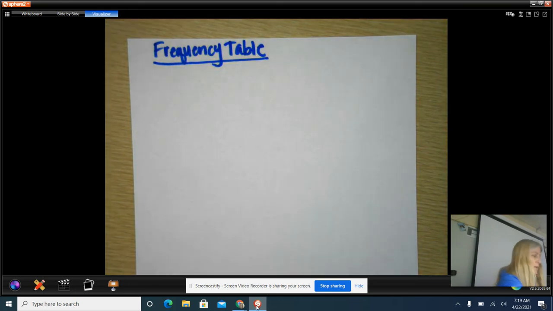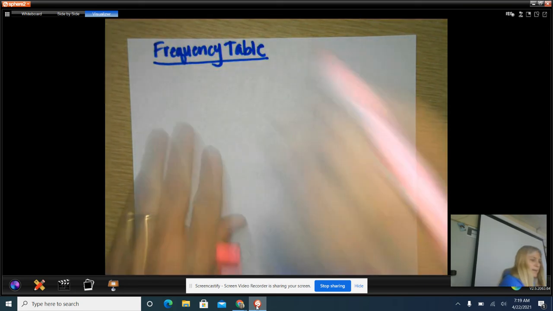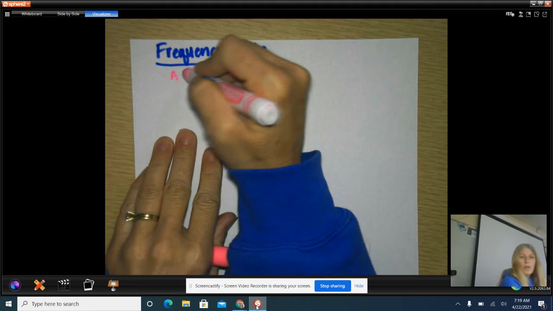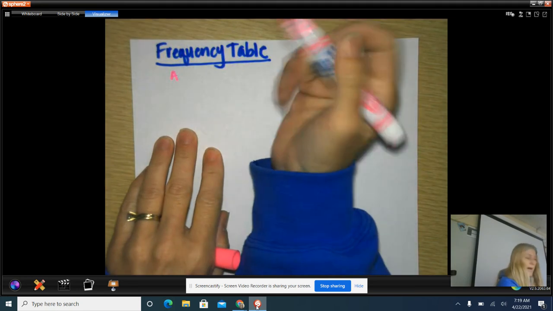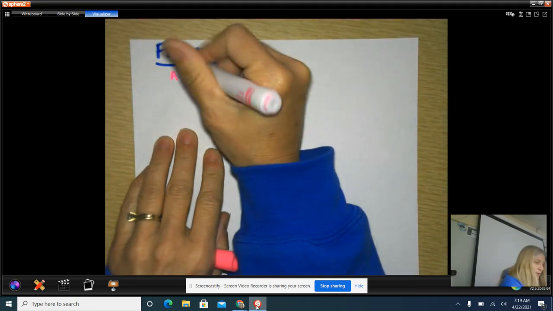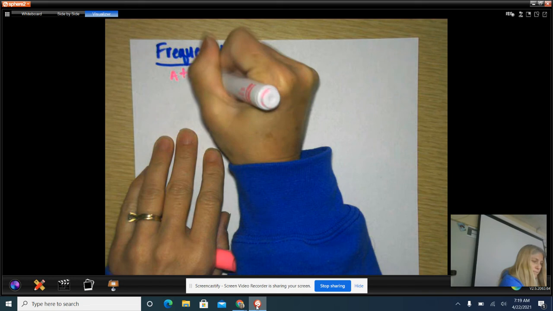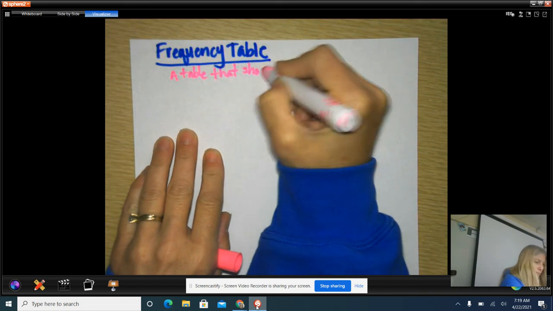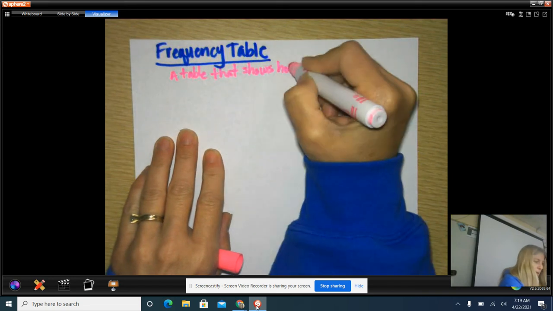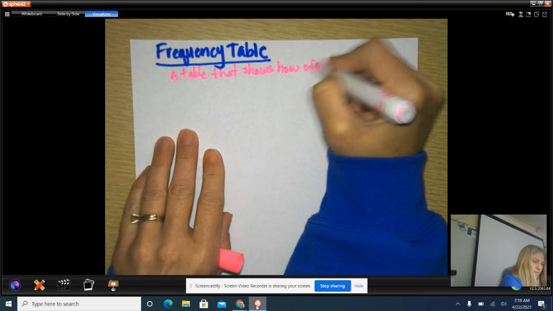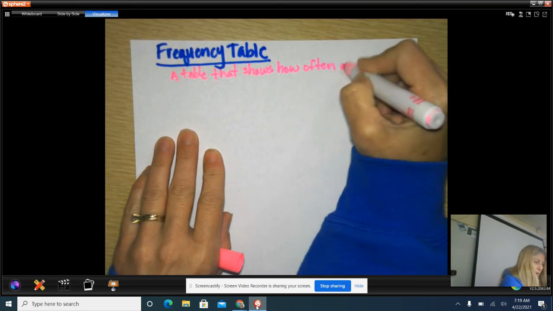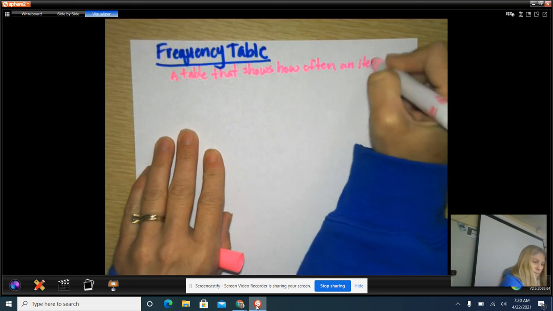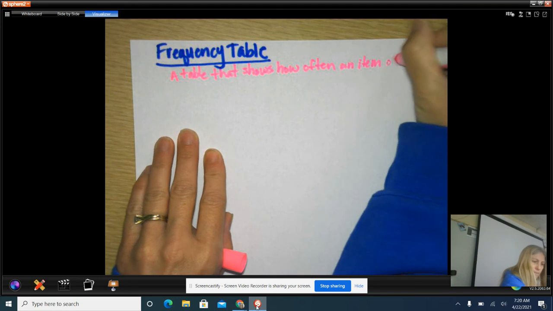The definition of a frequency table is simply a table that shows how often an item occurs.